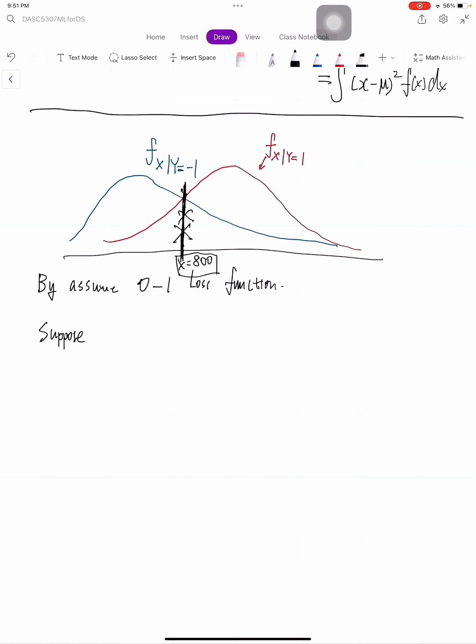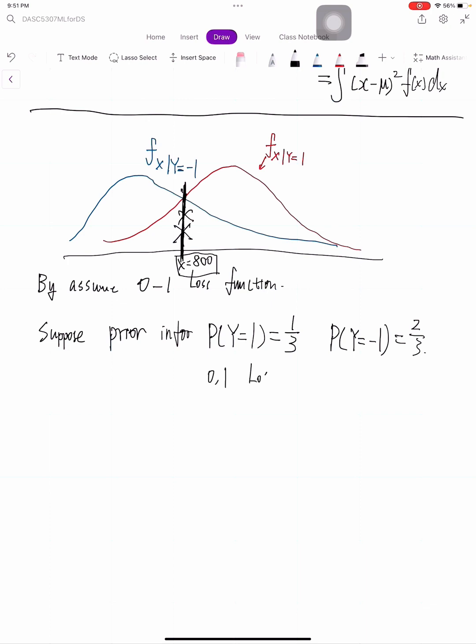Let's say 33%, 1/3 of the population has cancer, and 2/3 of the population does not have cancer. Say this is the prior information.